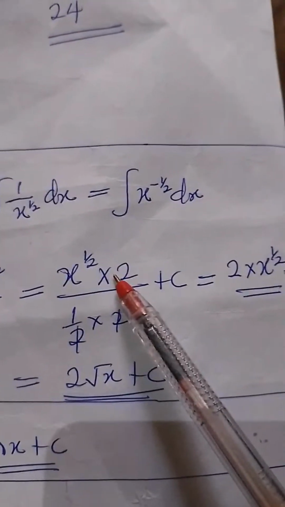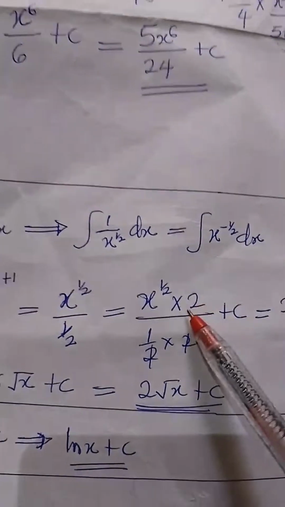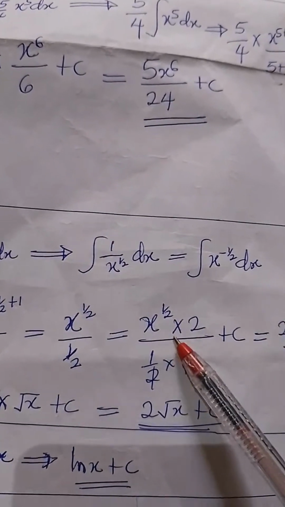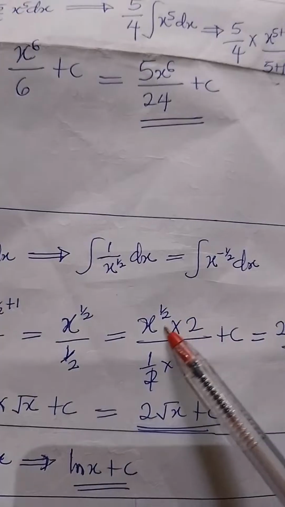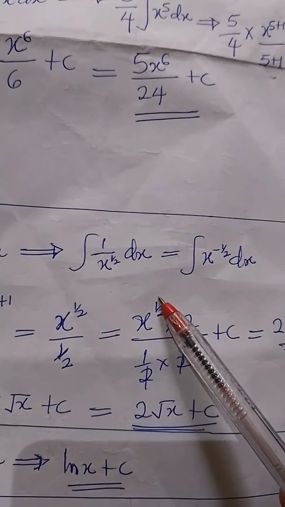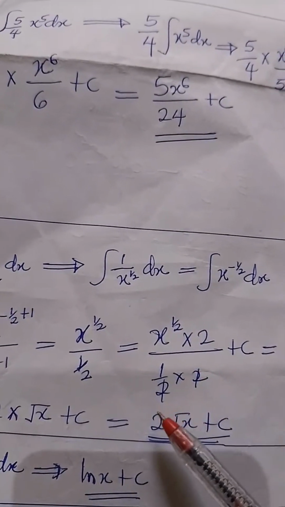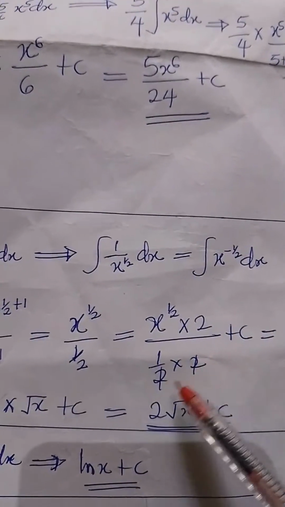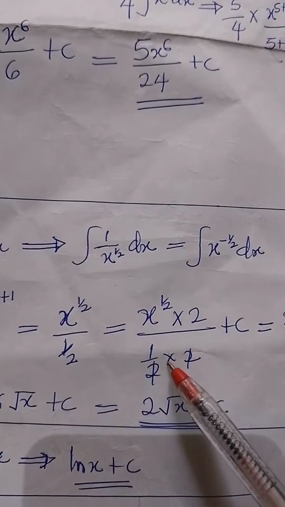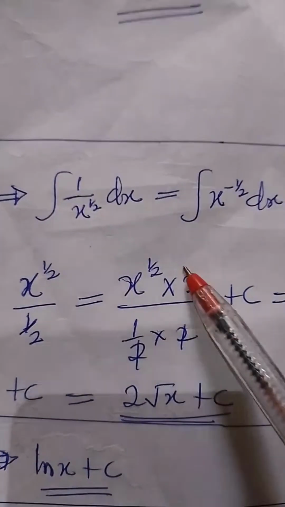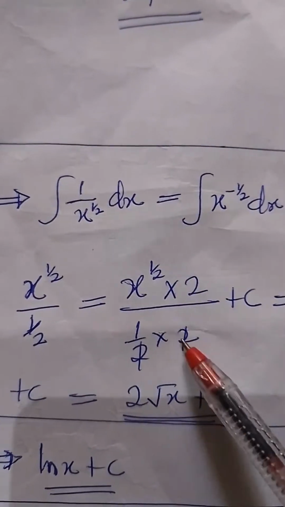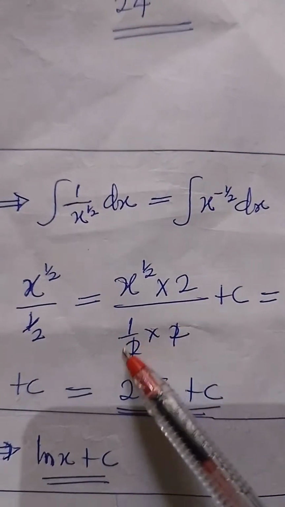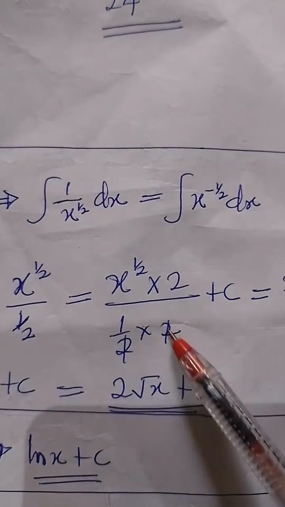So now what happens here is this is x raised to power half, then this is half. For me to remove this fraction down here, I have to multiply numerator and denominator by 2 so that the downward part fraction can be removed.